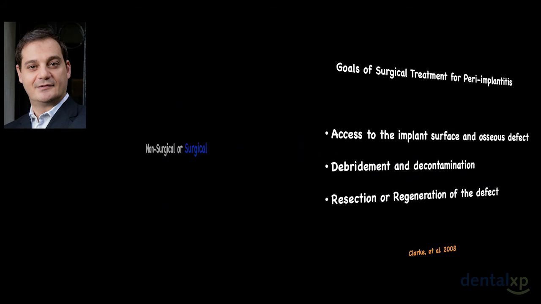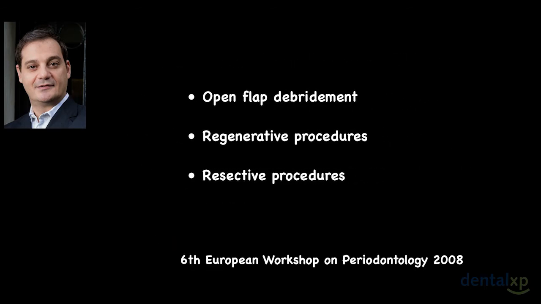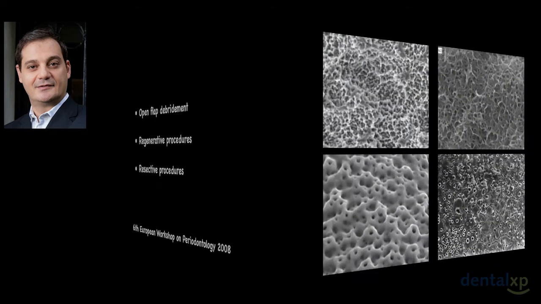So if we go to the surgical therapy, the goals are access, assessing the osseous, debridement of the defect, decontamination of the surface, and then either we do resection or regenerative therapy. And the method of doing it is open flap, again either regenerative or resective.